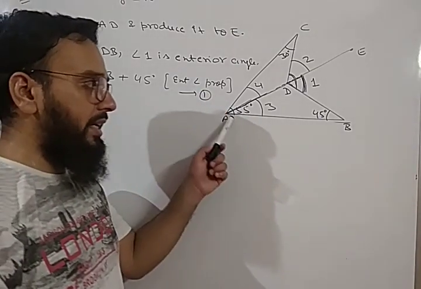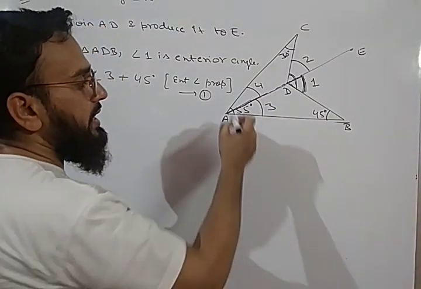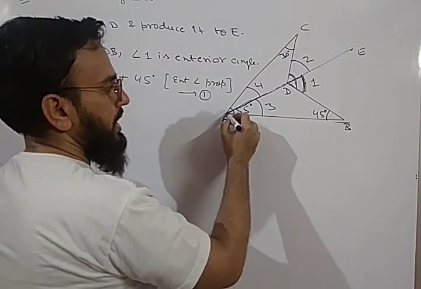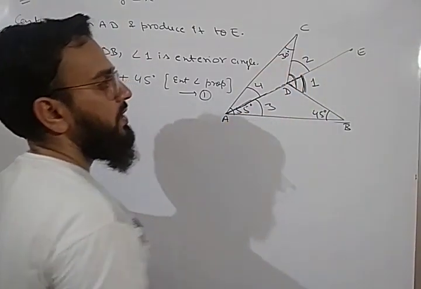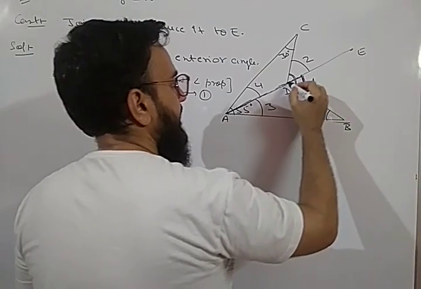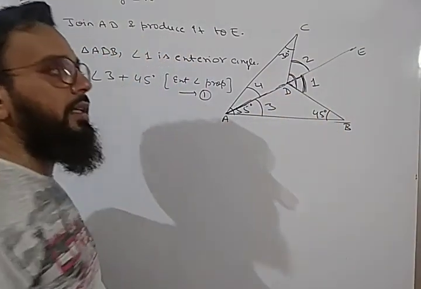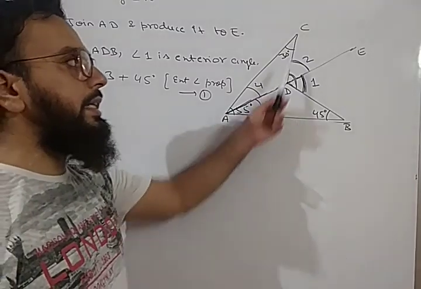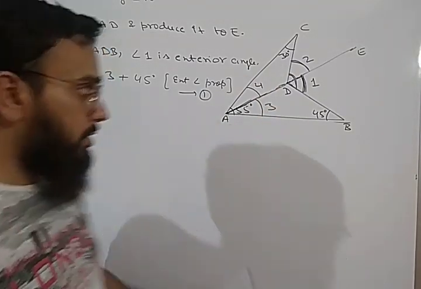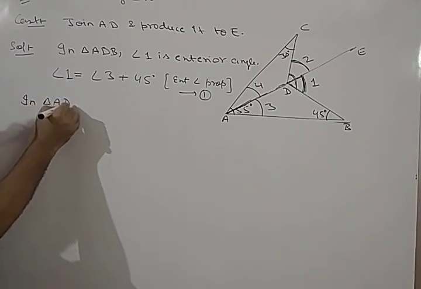Okay, so first in triangle ADB, we have used exterior angle property. Similarly, in this triangle ADC, side AD is again produced to point E. So angle 2 will also be an exterior angle for triangle ADC.